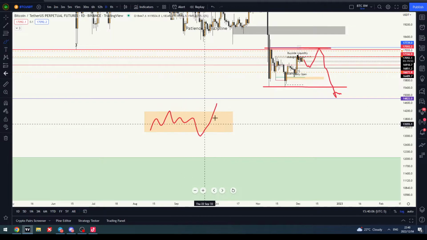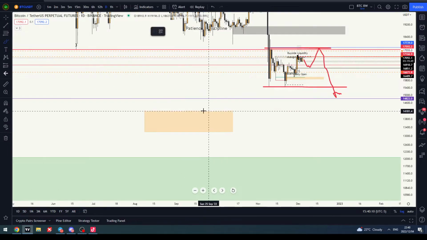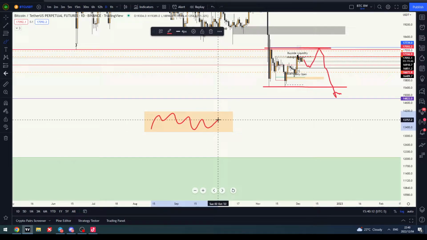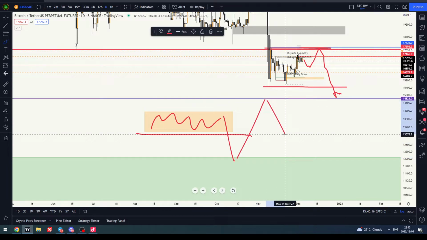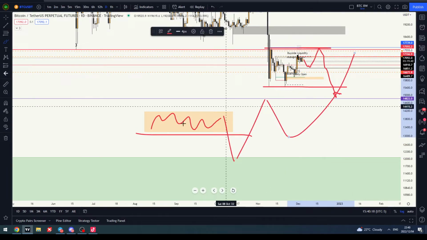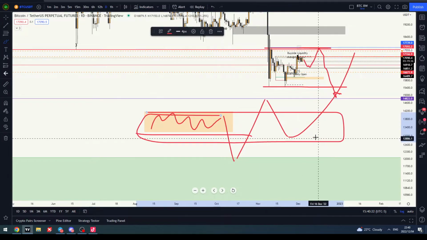So it needs to get liquidity somewhere. If it wants to go higher, then it needs to drop the liquidity or sweep the liquidity that's resting below. This would give us a model to trade, because this consolidation would help us across in time to do that.